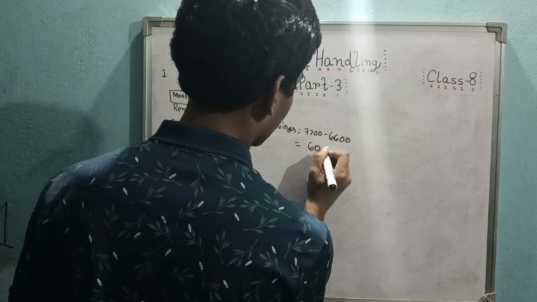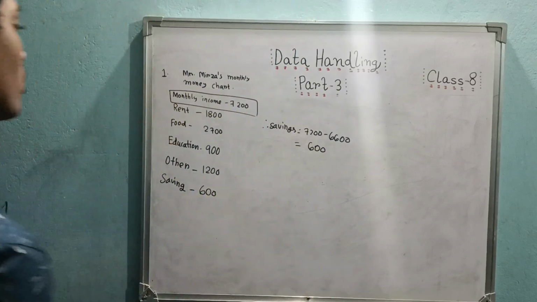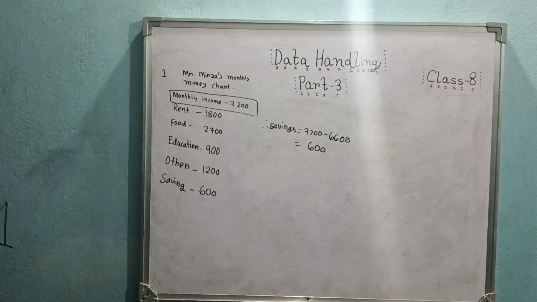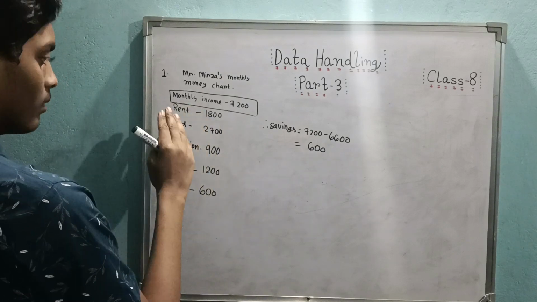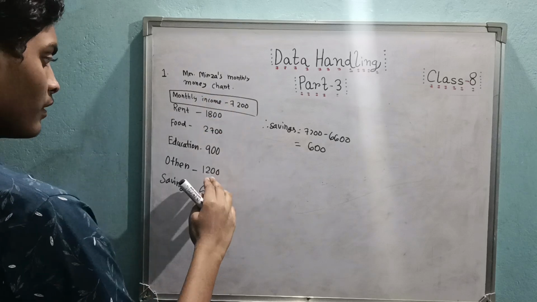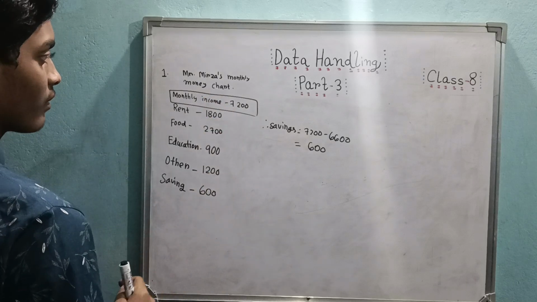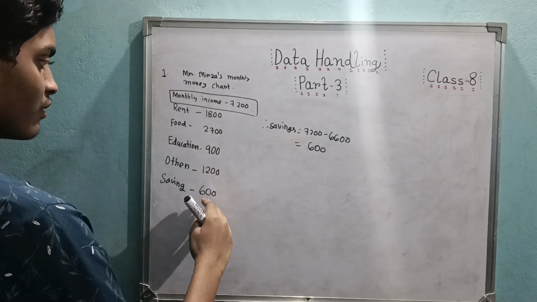So 600 rupees in 1 month. So this was simple, right? These are the things money was spent on, and the remaining money after spending is his savings. So from this monthly income, these are his respective expenditures.